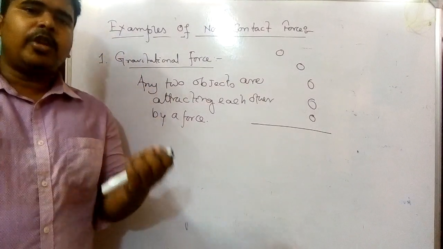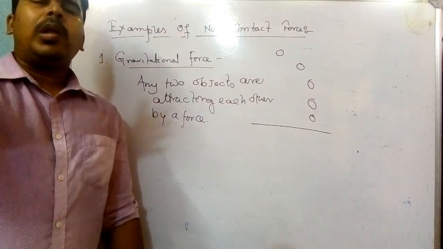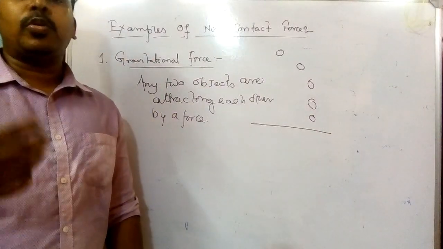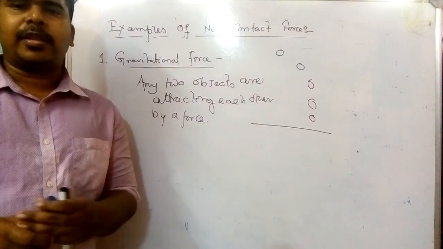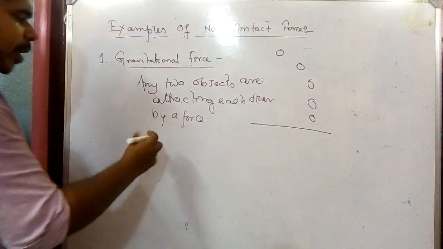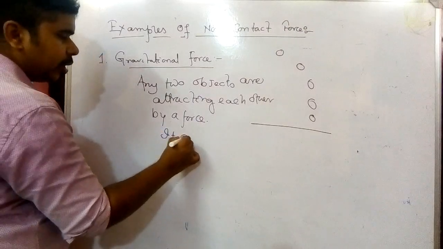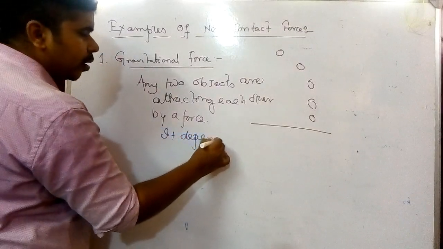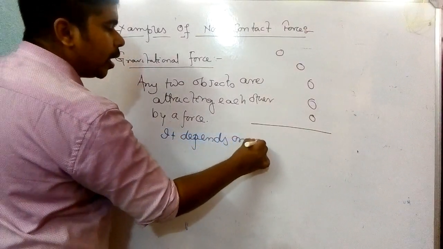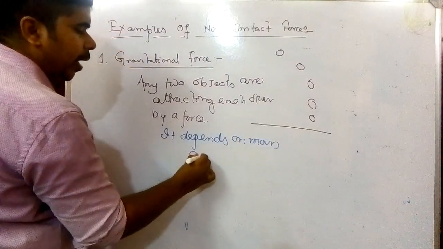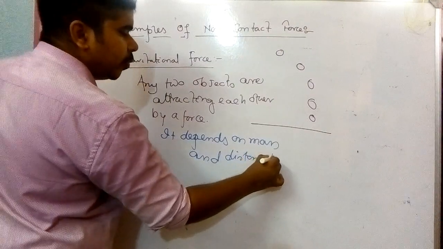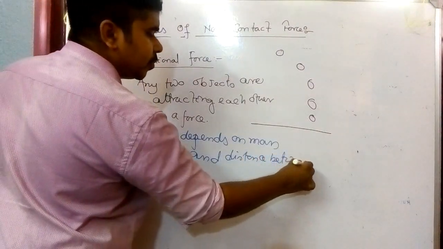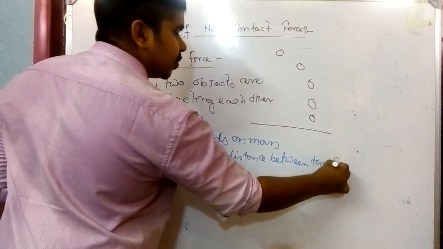If you are sitting in your room, all the things inside your room and you are attracting each other. This attraction depends on mass and distance between the objects.